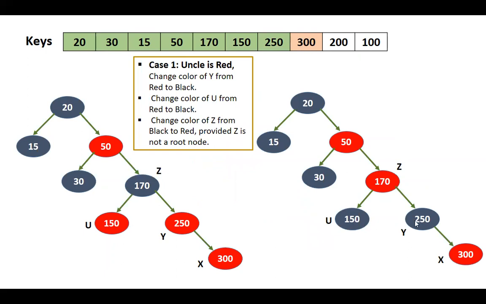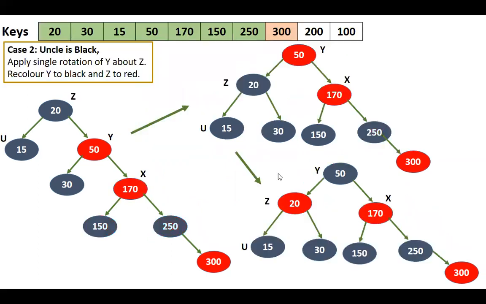Now if you see, as you move up, it is again causing a red violation. So again we rename: this is X, this is Y, this is Z, and this is the uncle node.